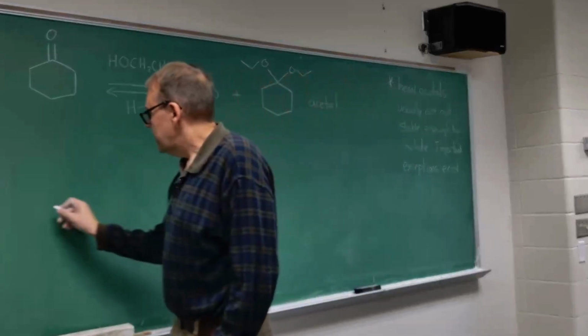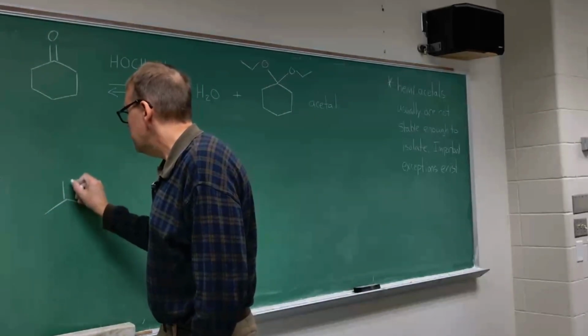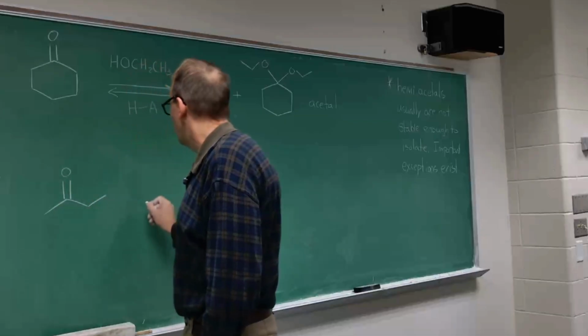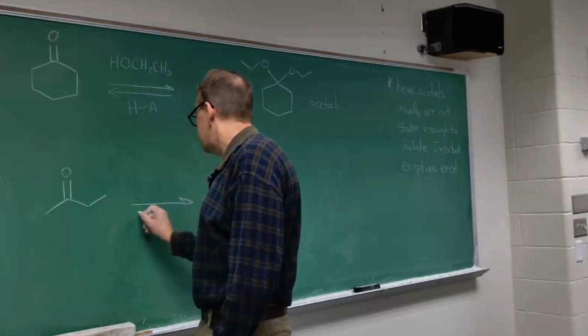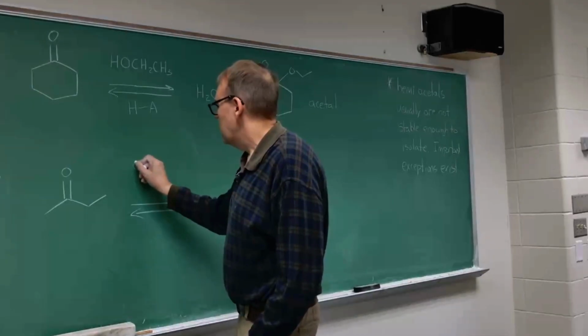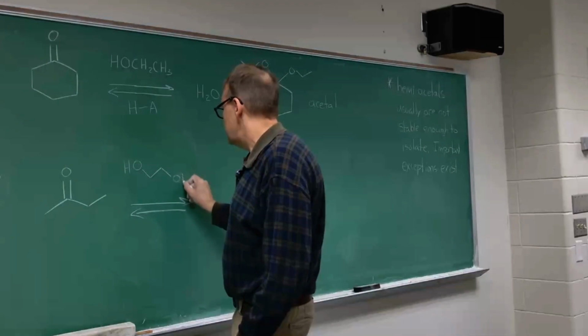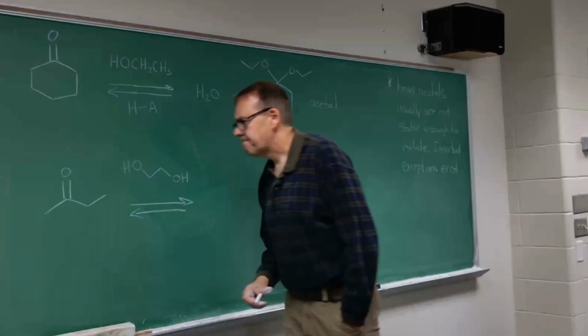All right, let's take a look at another one here. I'm going to use this ketone, but I'm going to do an alcohol that has two OH groups in it.